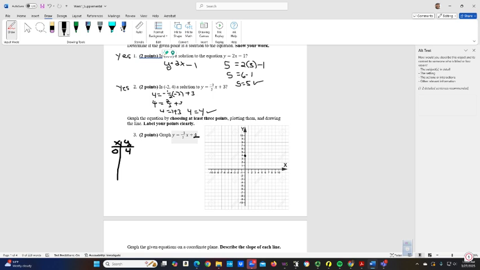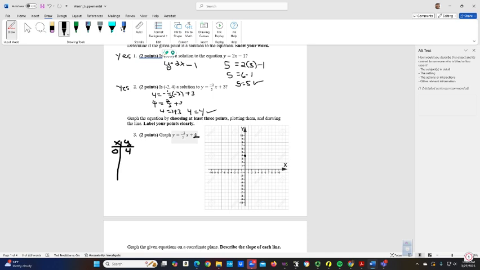All right, next. I noticed that the coefficient in front of my x is a fraction. So anytime you have a fraction, you want to give x values that are divisible by the denominator in the fraction. Since this is 2, I want my x values to just be even values, because 2 can go into any even value evenly.